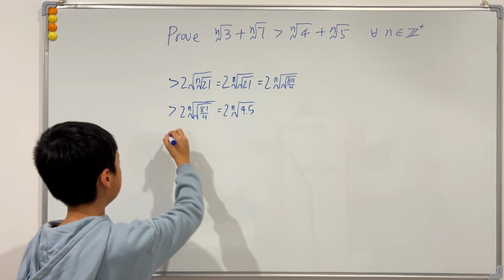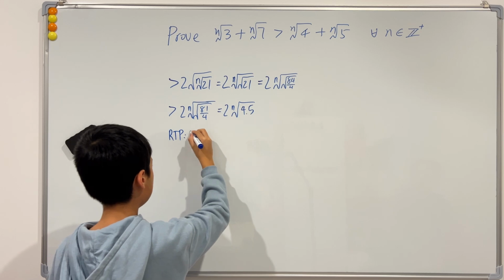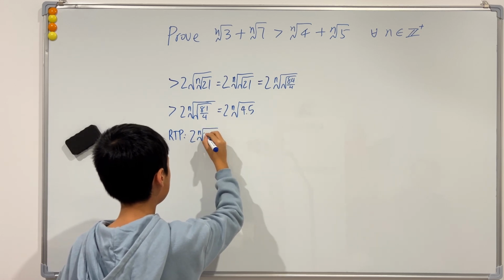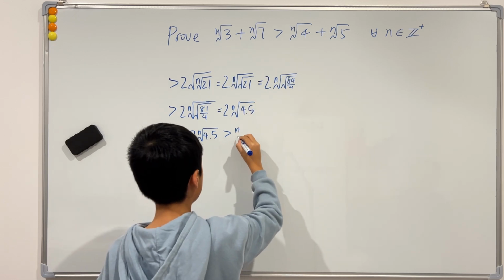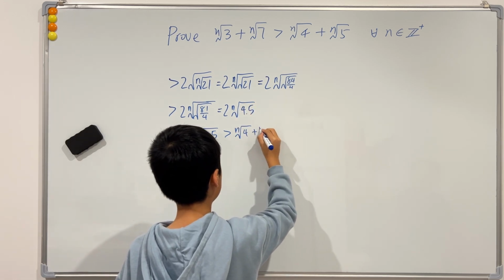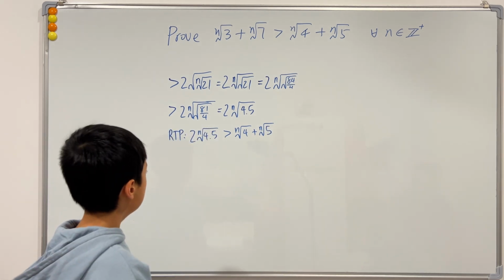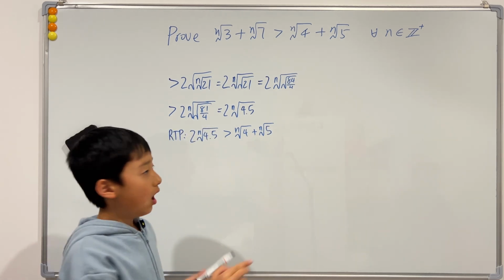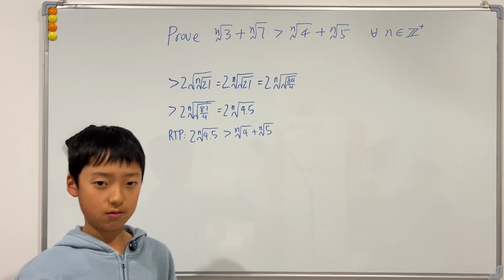So now we have to prove that this is greater than that. Now, what do we do now? I can actually split up 2 of these into one of them plus the other one.